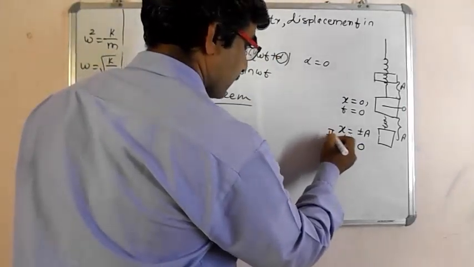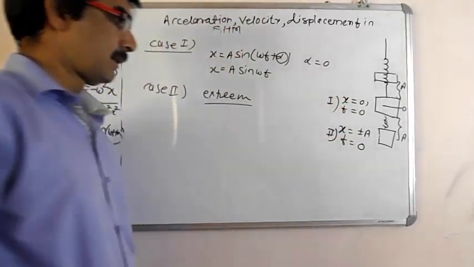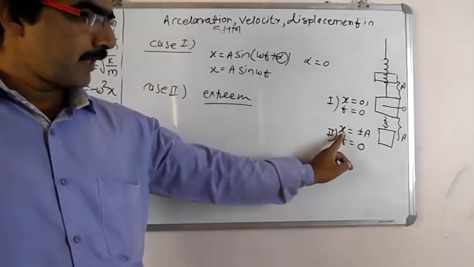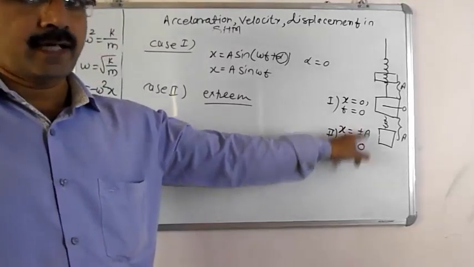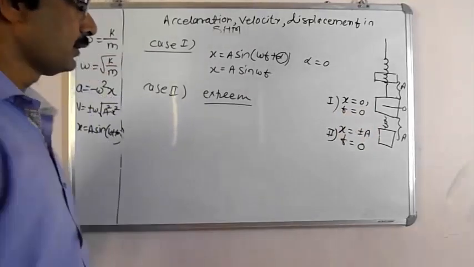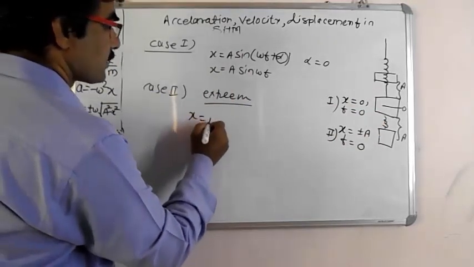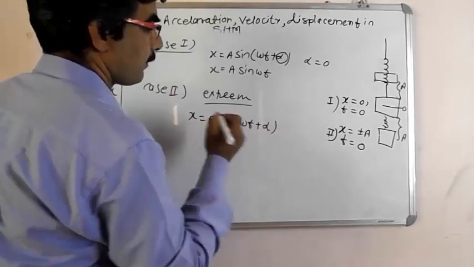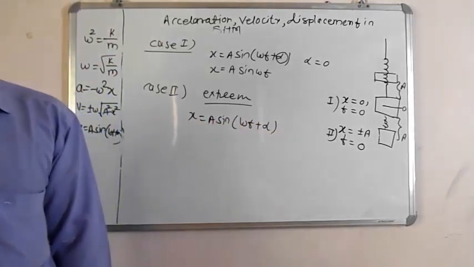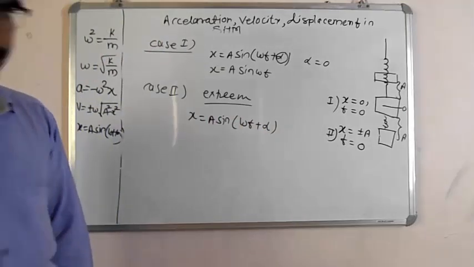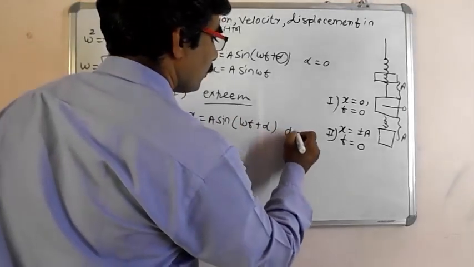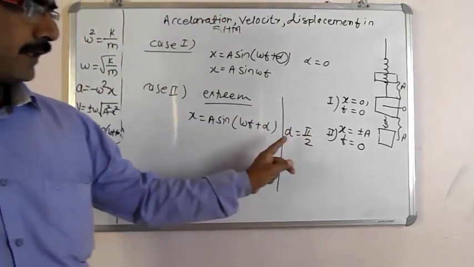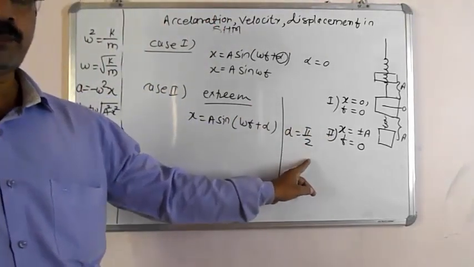That means it starts from extreme position. The equation becomes a into sine of omega t plus alpha. Now here the initial phase alpha equal to pi by 2.